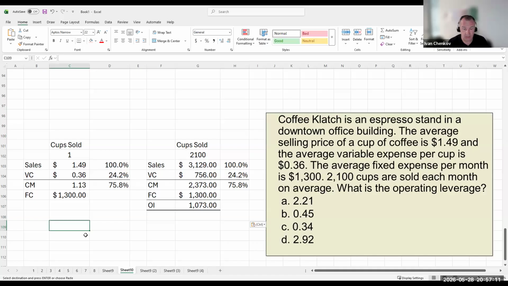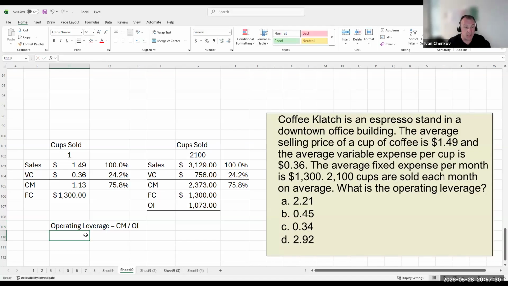So what I'm chasing is my operating leverage. It's going to be equal to contribution margin divided by operating income.